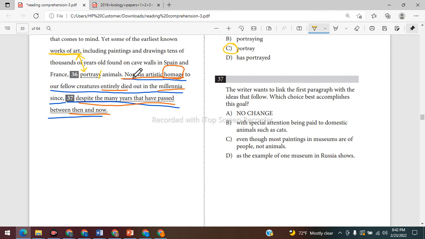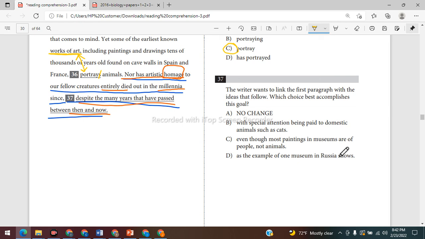So here it says, nor has the artistic homage to our fellow creatures entirely died out in the millennia since, despite the many years that have passed between then and now, or should we say, with special attention being paid to domestic animals such as cats, or at the end, even though most paintings in museums are people and not animals, or as the example of one museum in Russia shows.